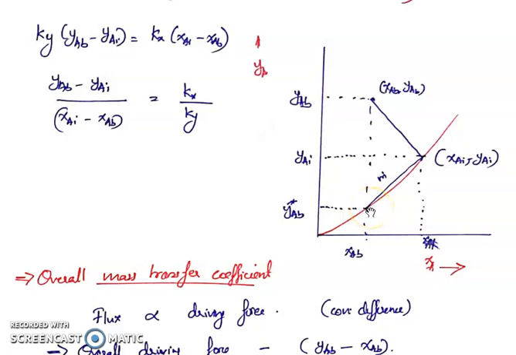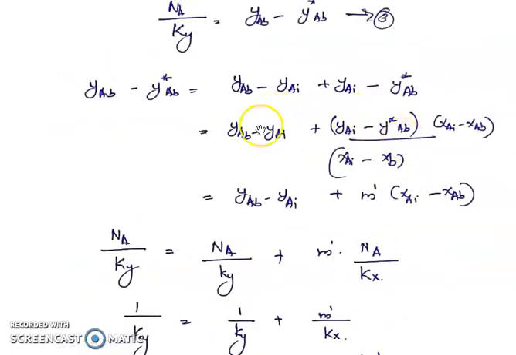XAB is the mole fraction of A in the bulk phase, and Y star AB is the corresponding concentration in gas phase. So from the slope we can replace the term YAI minus Y star AB by XAI minus XAB as m dash. So let's substitute for known quantities. YAB minus Y star AB is equal to NA by Ky, which is equal to NA by small ky plus m dash into NA by Kx.